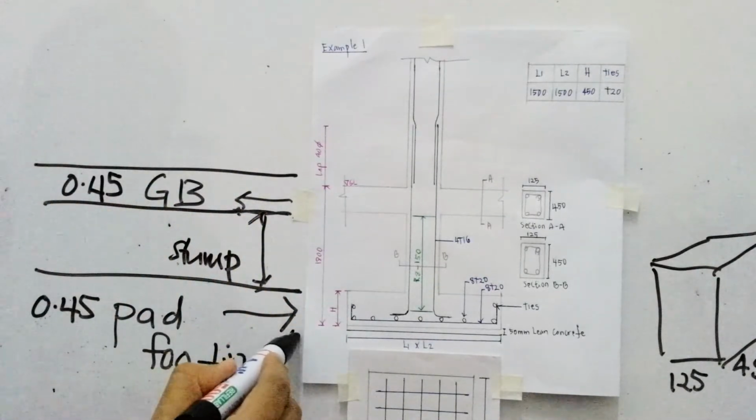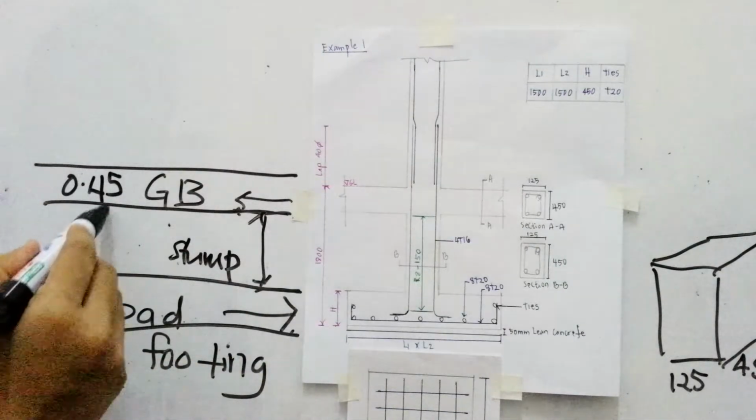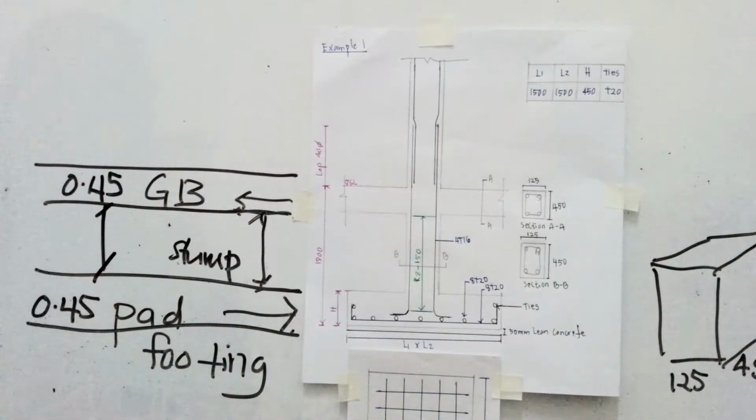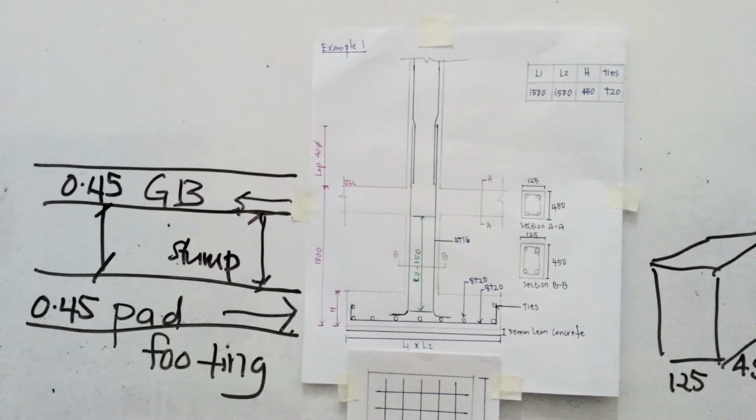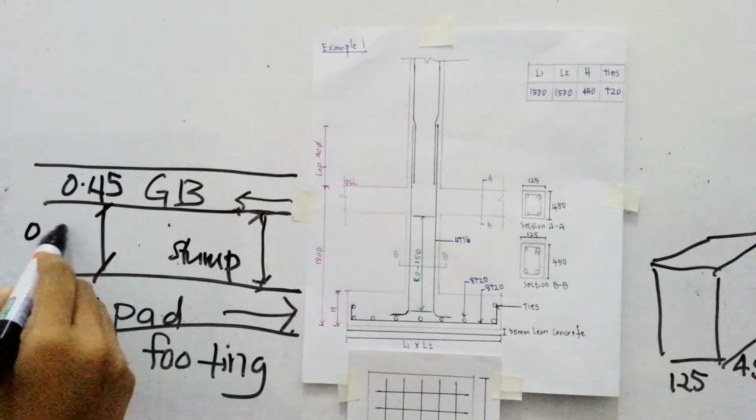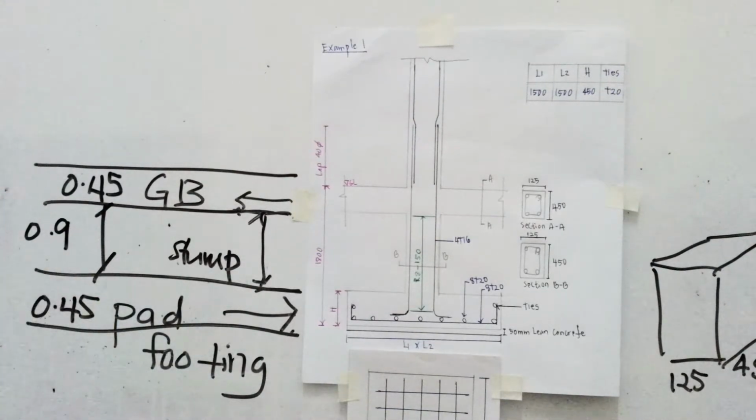So what is the answer? 1.8 minus 0.45 minus 0.45. So you will get the height of your stump is 0.9. Right? So that is the first thing.